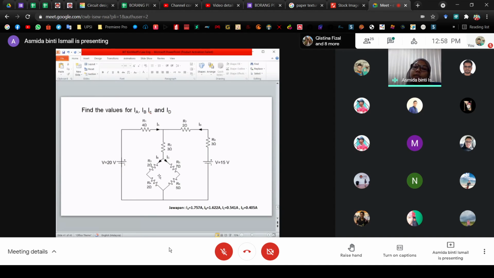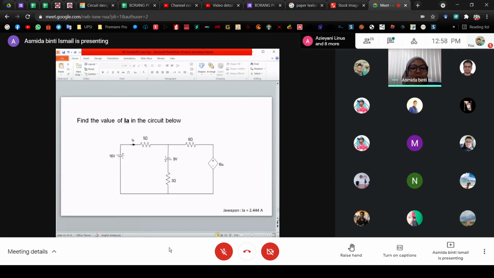Tree loop. So if you buat 3 loop, then you can get lah the value of IB and IC, ID, IA. Ada jawapan ni kan tu? Boleh try.